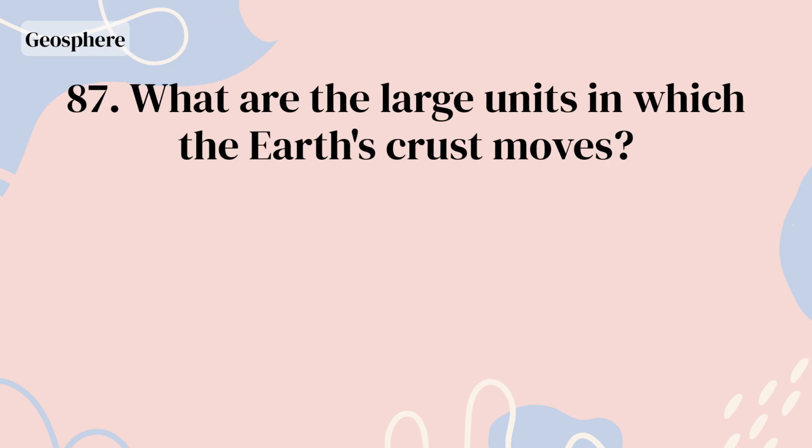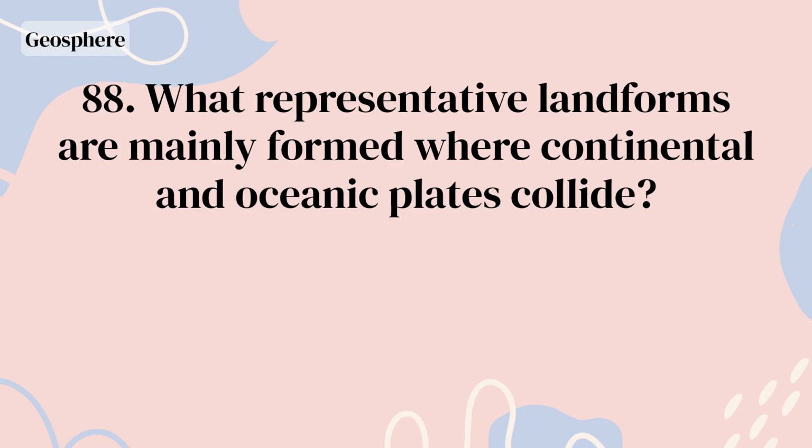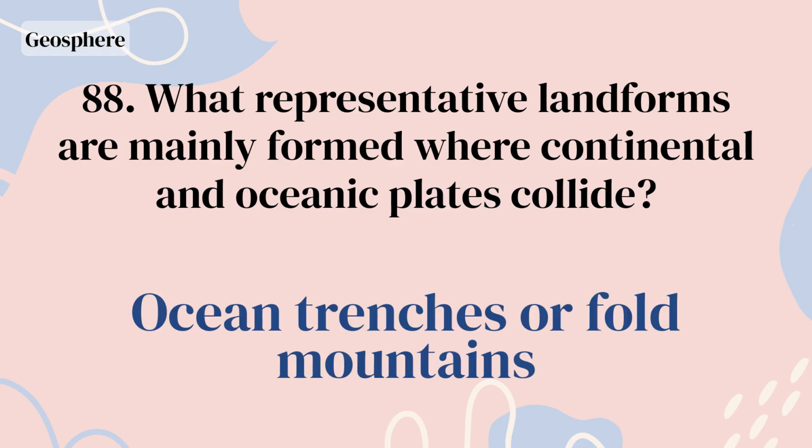Tissue. What are the large units in which the Earth's crust moves? Tectonic plates. What representative landforms are mainly formed where continental and oceanic plates collide? Ocean trenches or fold mountains.